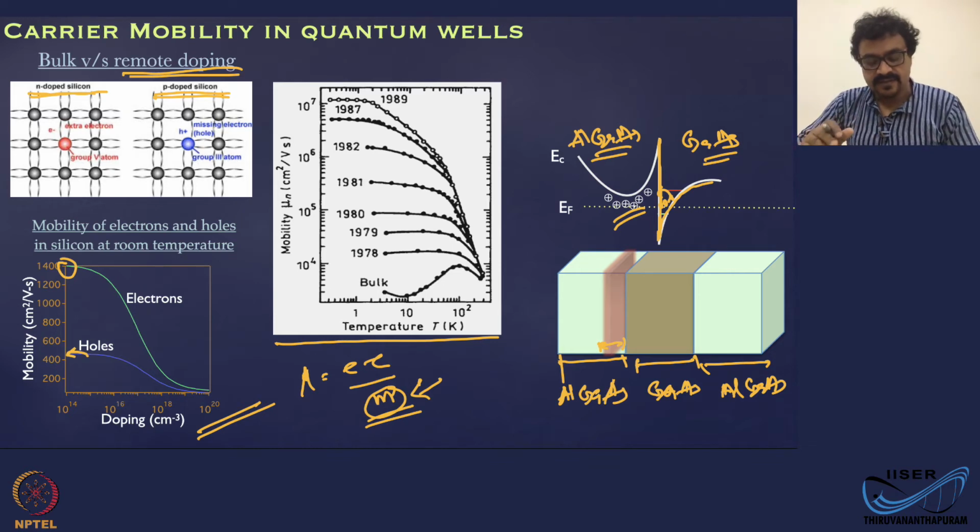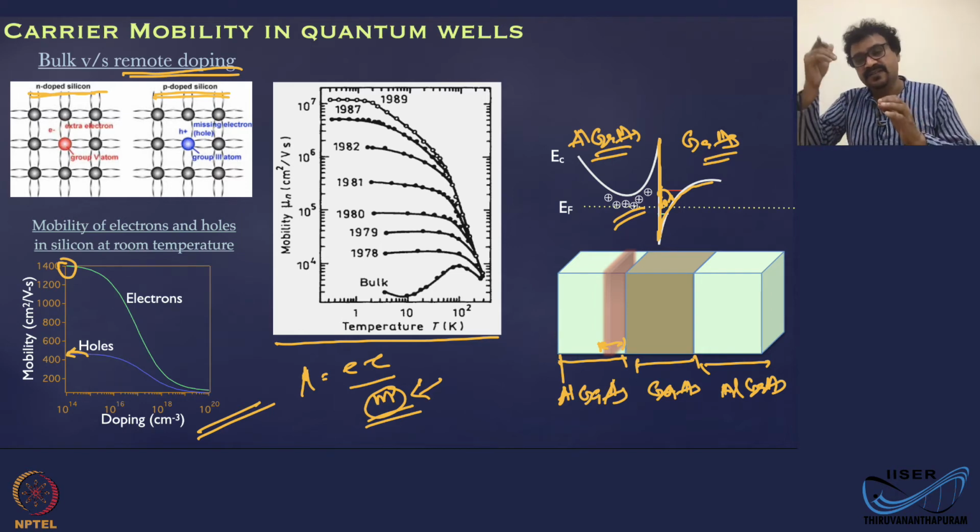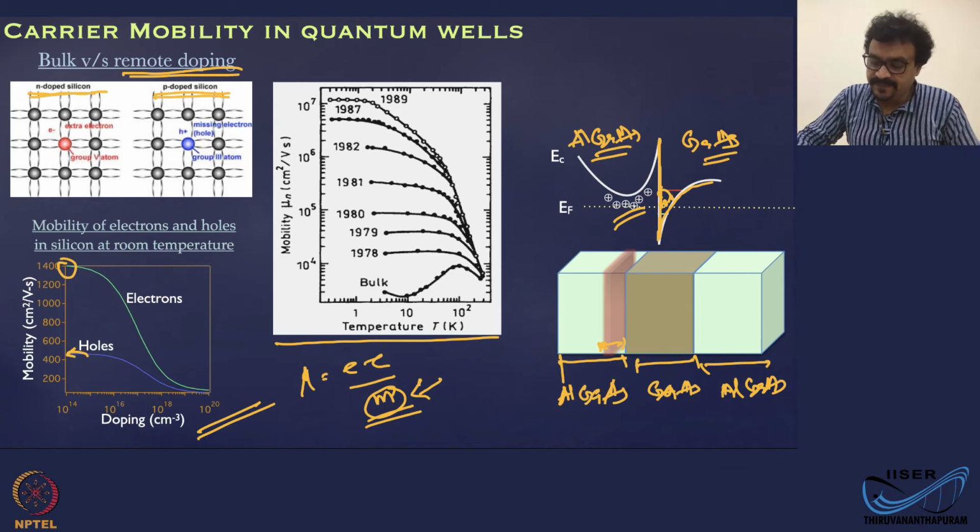And the remote doping technology is possible only in these heterostructures, because you need a specially confined space where the electrons move, which is separate from the dopant layer. All right.